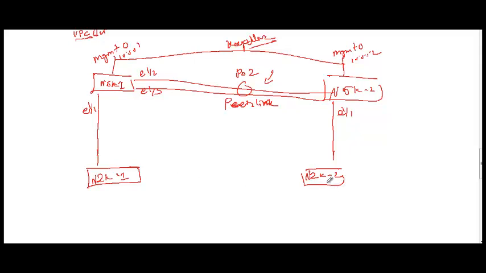I should not say it as Nexus 2K1. Anyway, it is also kind of a switch, but it's not a switch, it's a fabric extender, that's all. Let's call it FEX 1, FEX 2.